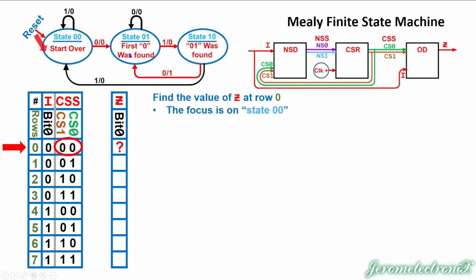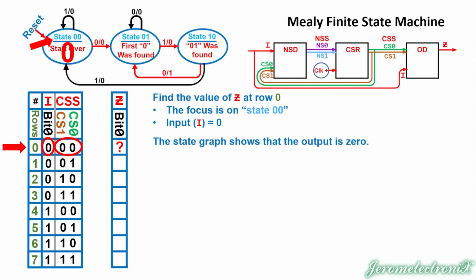And so if we're in state 0, 0, and the input happens to be a 0, then the state graph shows that the output is a 0. That is the output on the other side of the slash every single time. And if you look at them all, they're all zeros except for that one transition where the output is 1. That's success. That means party time. We found the sequence. And so that is going to be a 0 there.